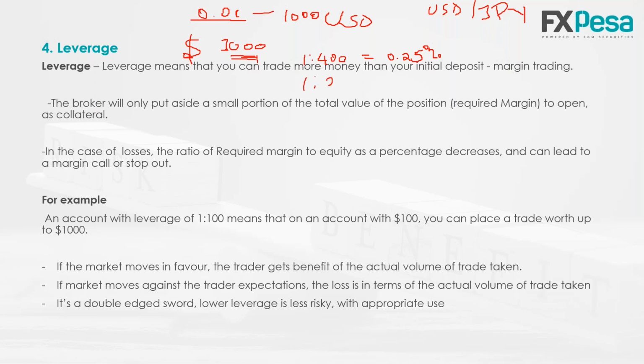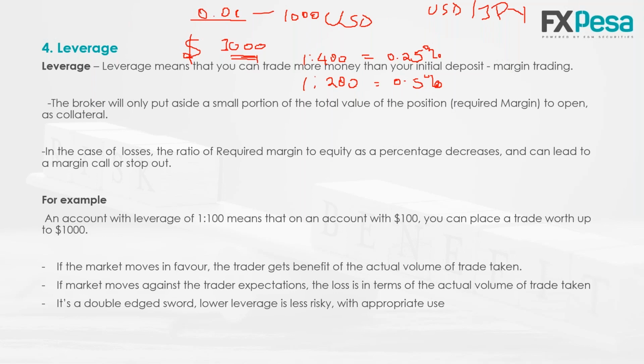That goes on for every leverage. If you have 1:200, so if you reduce the leverage, then of course the amount being given to you reduces. In this case, it means for every $1, you're able to trade a maximum of 200 times. You're required to have 0.5%. So here you can see that the amount of money you're required to have is more as you reduce the leverage. So it's also working to your disadvantage for trading with a smaller capital.